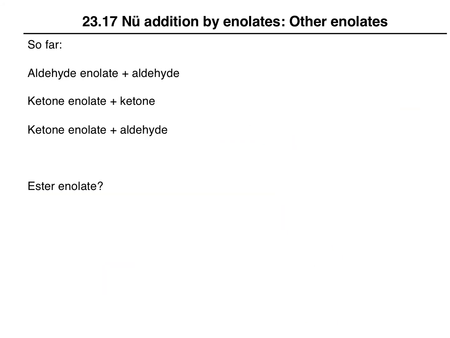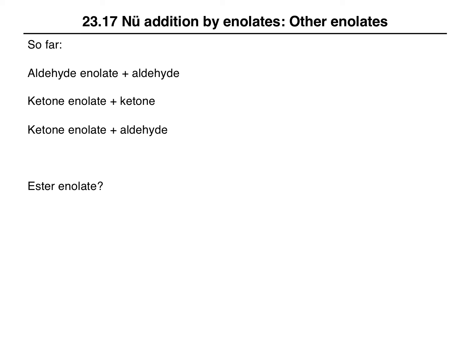So far, we have looked at examples of having an aldehyde enolate add to an aldehyde, or a ketone enolate add to an aldehyde, and in both of those cases, because it's nucleophilic addition to an aldehyde, this reaction should work pretty well. If we have a ketone enolate adding to a ketone, this reaction is not favored unless it goes all the way to the dehydration, so that we end up with the overall aldol condensation.